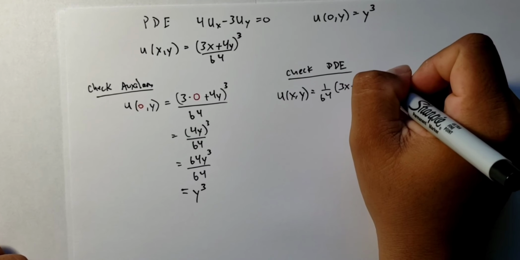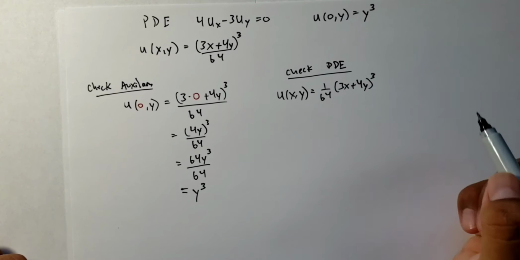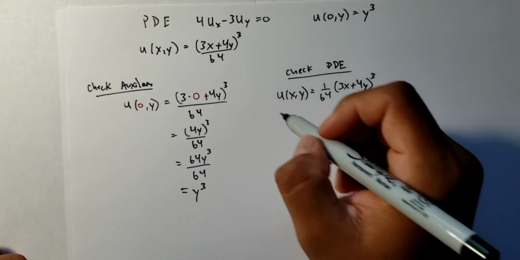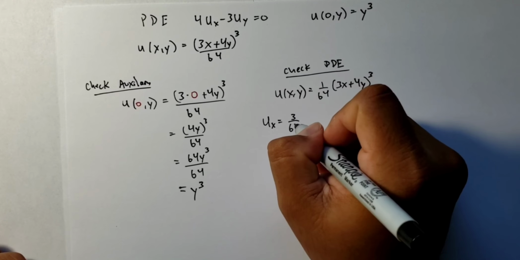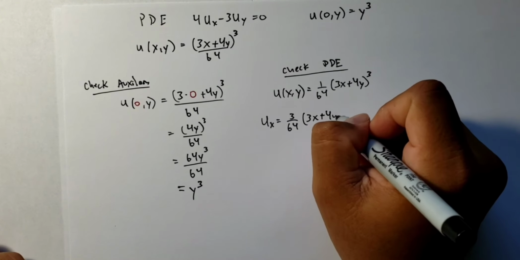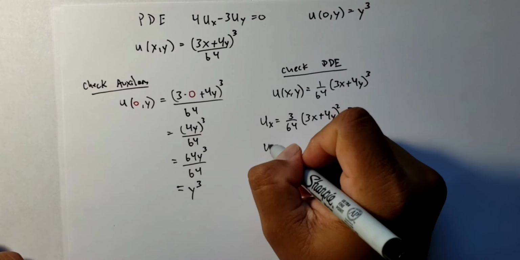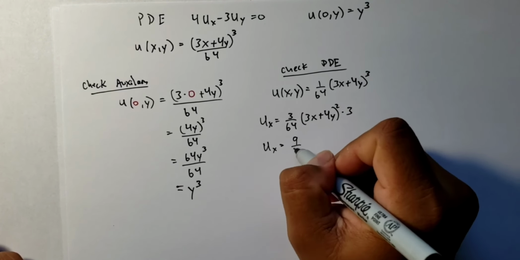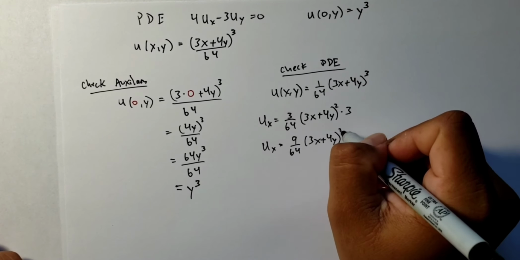I wrote it like this because it makes it easier to see the chain rule in action. So bring down the 3, then multiply by the derivative with respect to x, treating y as a constant. So u sub x is going to be 3 over 64 times (3x plus 4y) to the power of 2 times 3. So u sub x is equal to 9 over 64 times (3x plus 4y) to the power of 2.